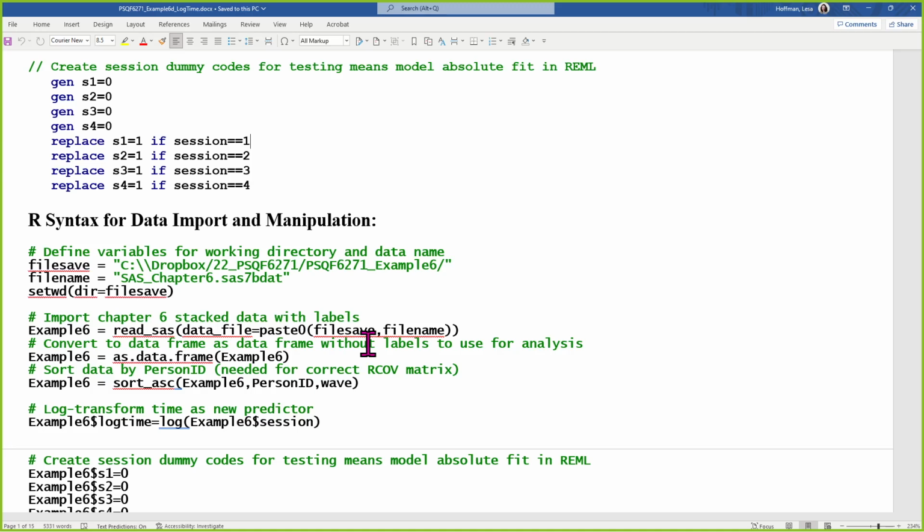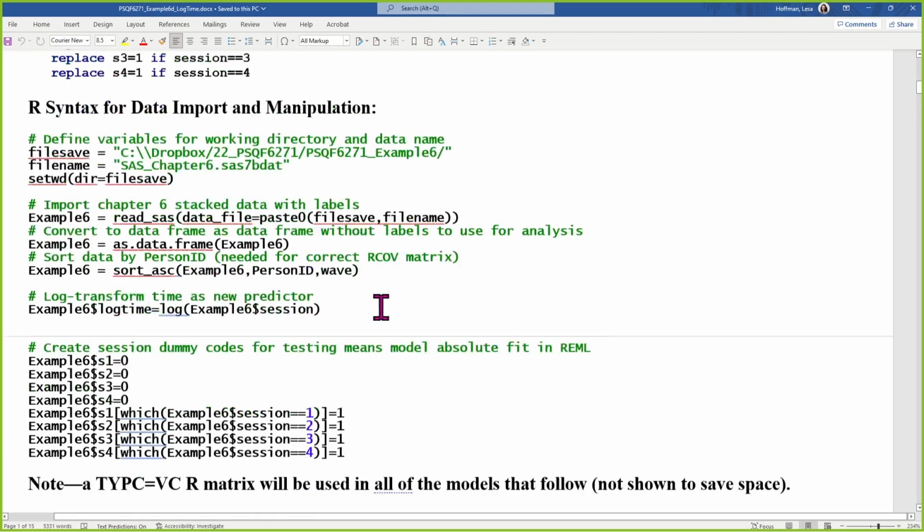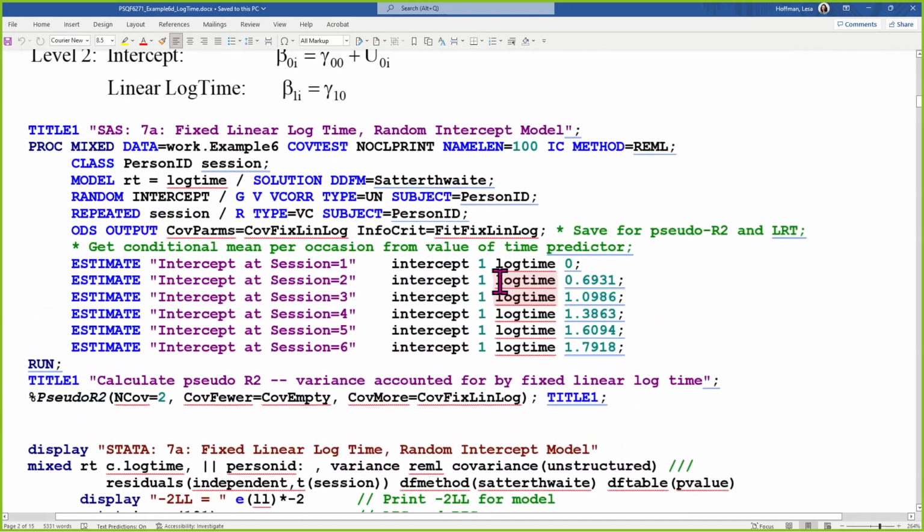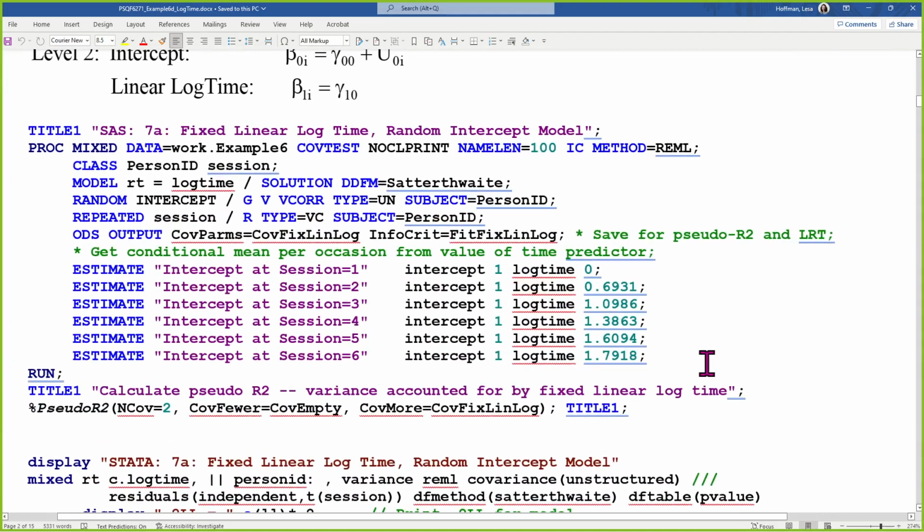Yes, it does. So to answer that question, let me show you the code that I use to generate predicted outcomes at each occasion. So for instance, these values right here, this is what the log of time is at each subsequent occasion.